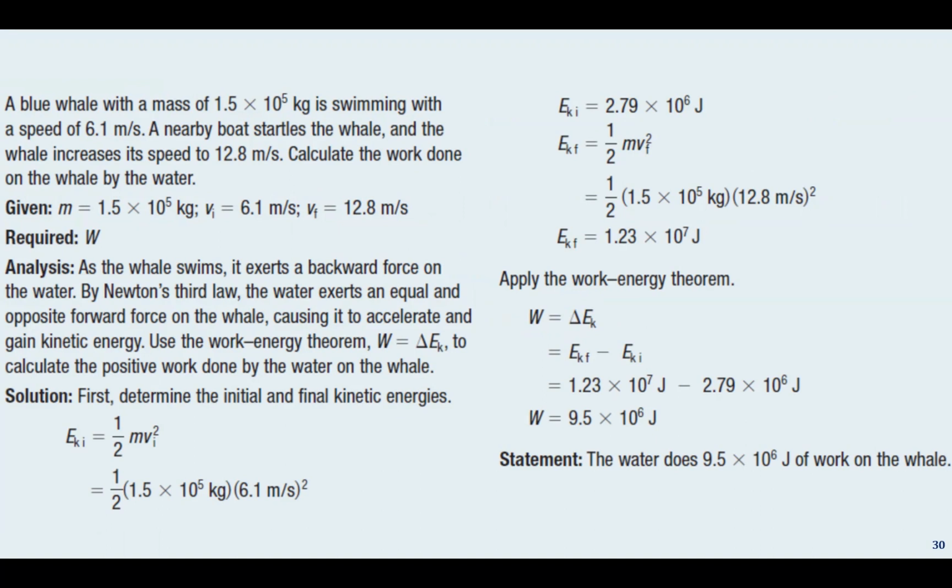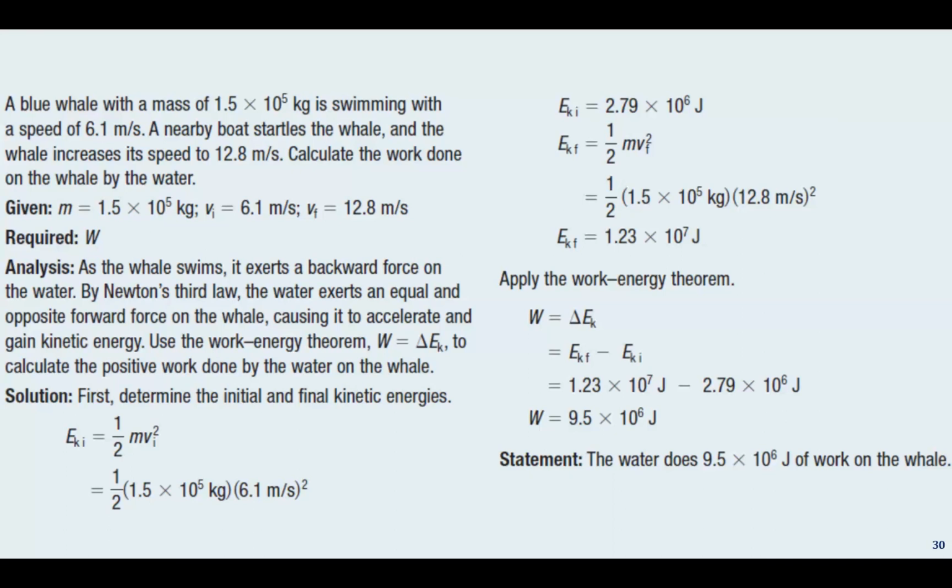So first, we can determine the initial and final kinetic energies. Initial kinetic energy E_K,i equals 1/2 times m times v_i squared, and this is approximately 2.979 times 10 to the power of 6 joules. And the final kinetic energy is E_K,f equals 1/2 times m times v_f squared, and this is approximately 1.23 times 10 to the power of 7 joules.